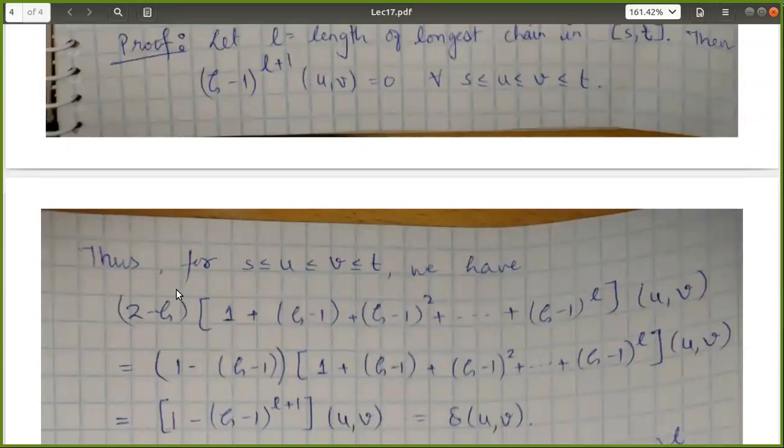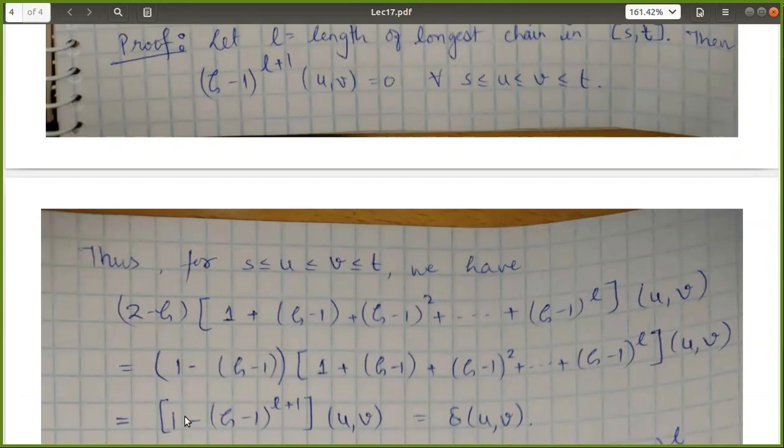Now we further rewrite 2 minus zeta as 1 minus zeta minus 1. Then this factor along with this factor, it's easy to see that this is 1 minus zeta minus 1 raised to L plus 1, right? It's a raised to n minus b raised to n, or rather 1 minus b raised to n. We have seen this trick earlier also. Yes, ma'am.